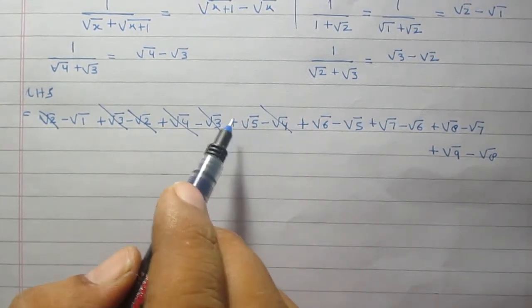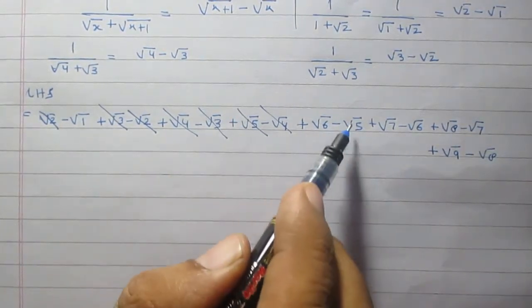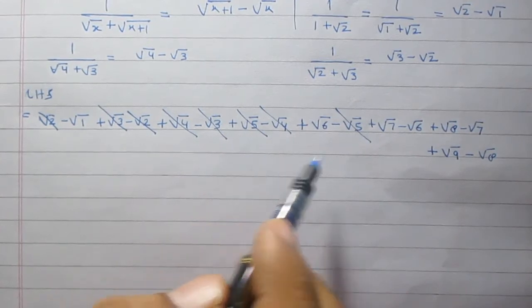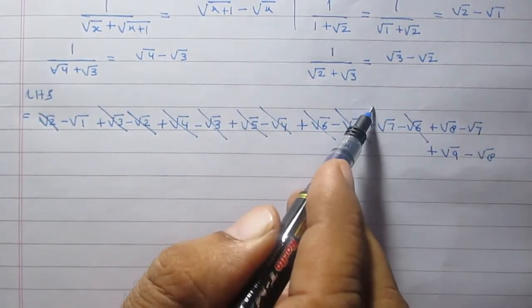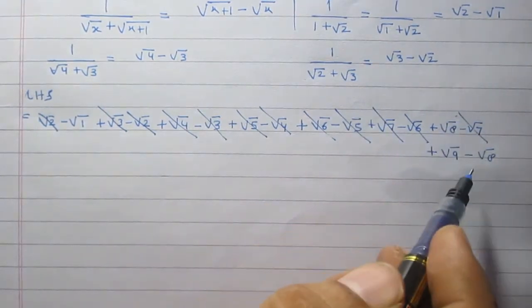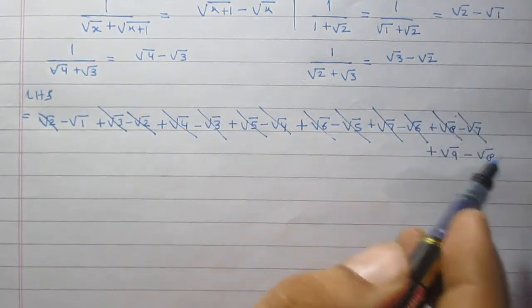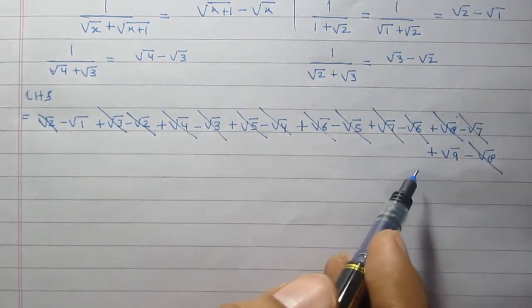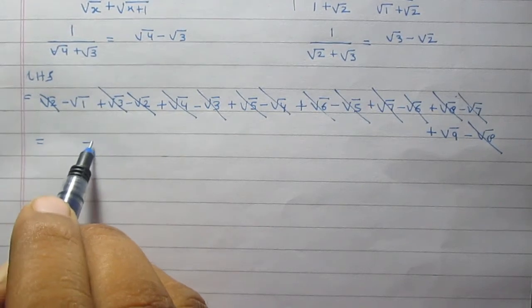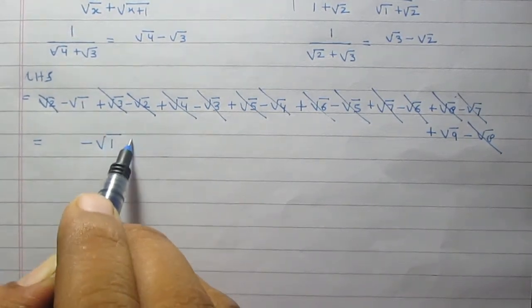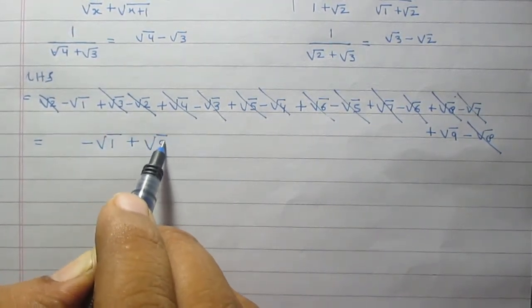Here, square root 5 is cancelled by its negative minus square root of 5. Square root 6 and minus square root 6. Square root 7 and minus square root 7. Square root of 8 and minus square root of 8. All are cancelled. The remaining terms are minus of square root 1 plus square root 9.